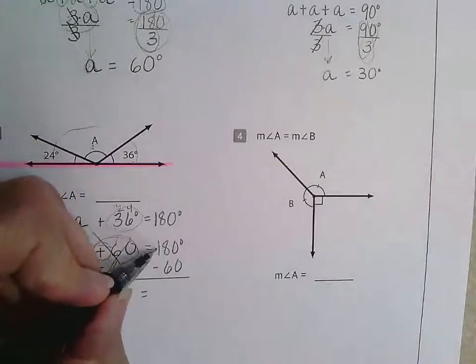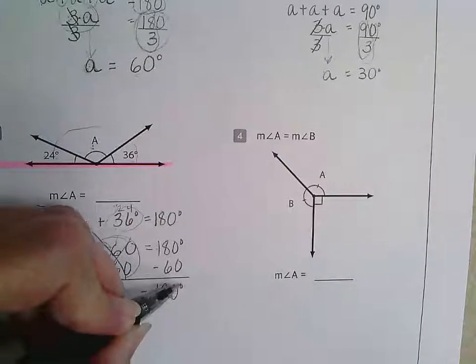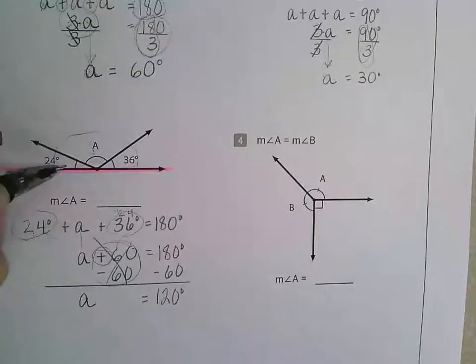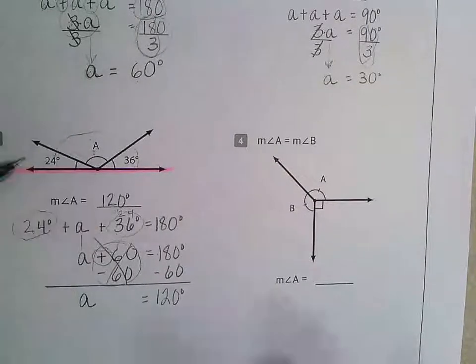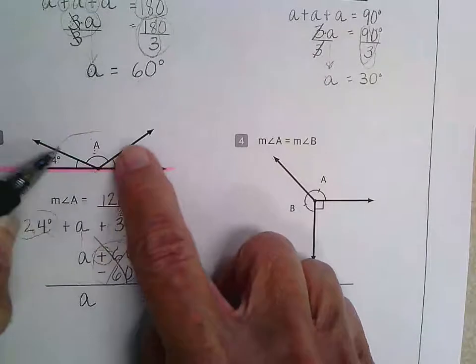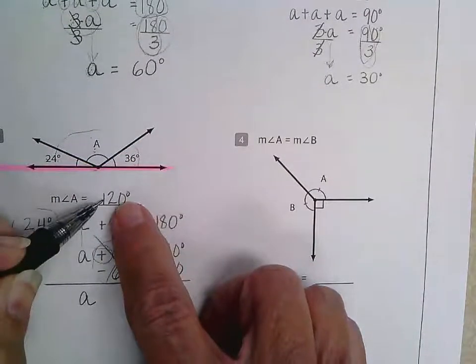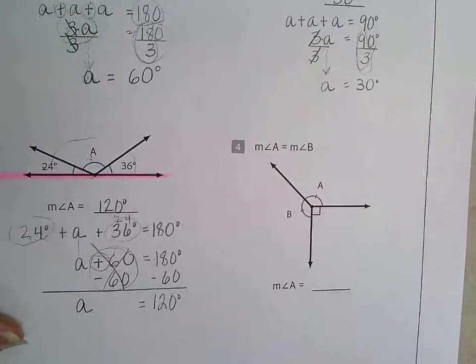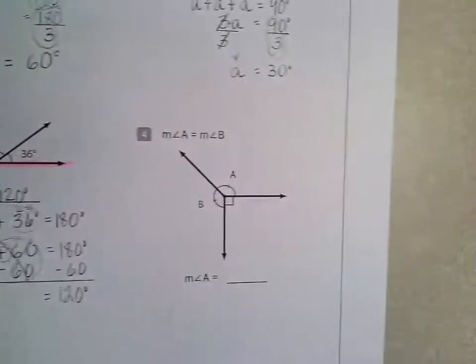So when I subtract 60 from 180, I'm going to get 120 degrees. That means the measure of this angle is 120. And that makes sense to me because it's the largest angle. These two angles have smaller measures, and this angle is much larger, and it does look like a much larger angle.